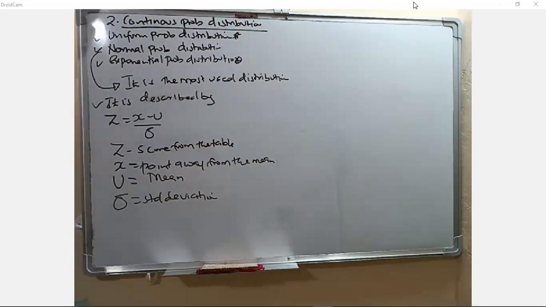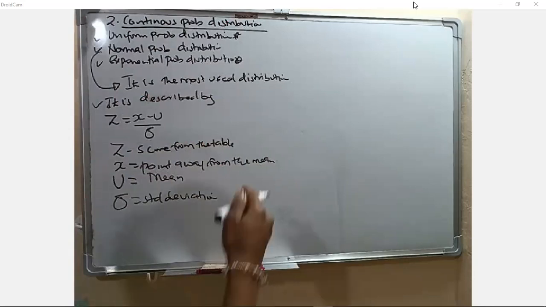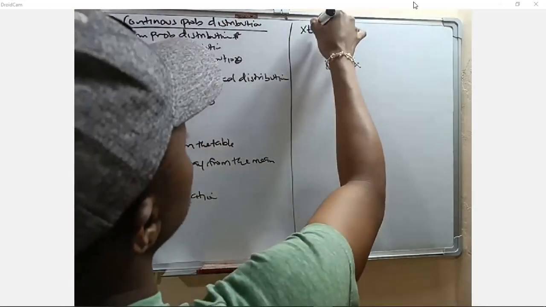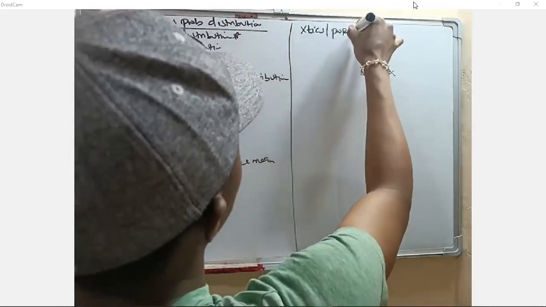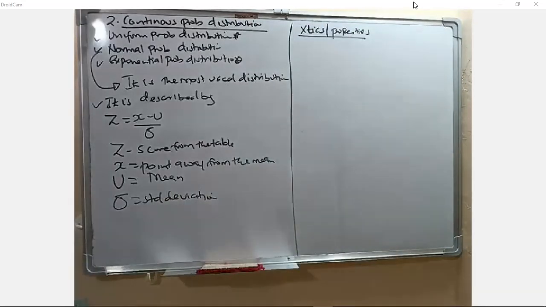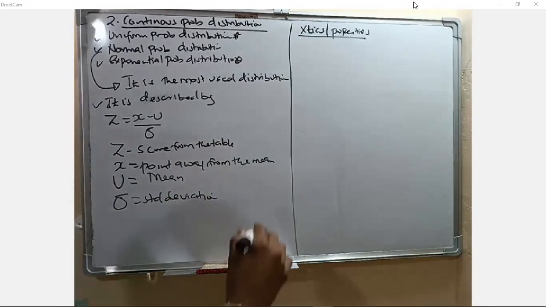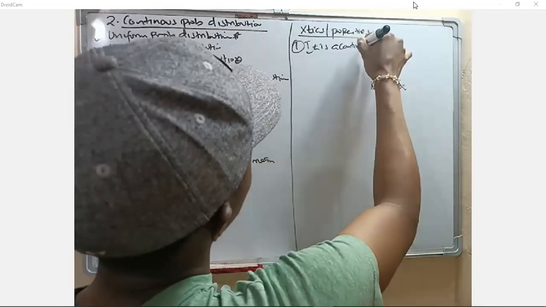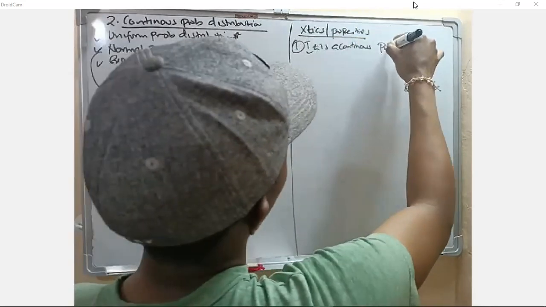Now, there are some characteristics or properties of the normal distribution, very commonly used when you are solving normal distribution questions. Number one, we know very well it is a continuous probability distribution, so remind the examiner that it is a continuous probability distribution.